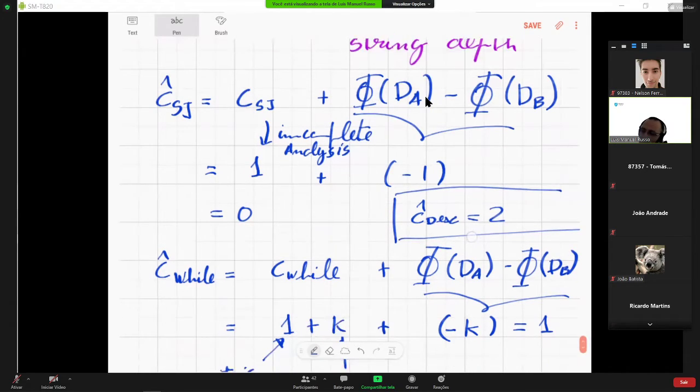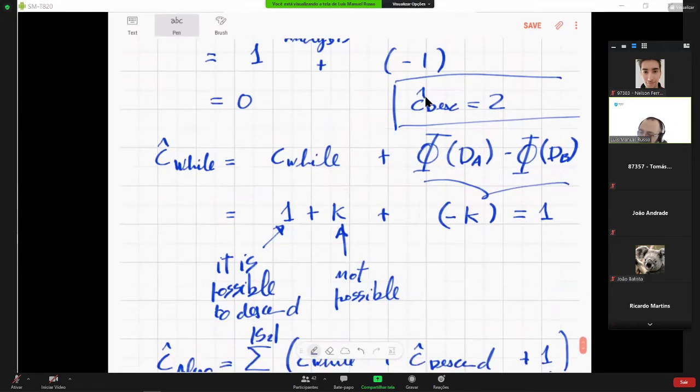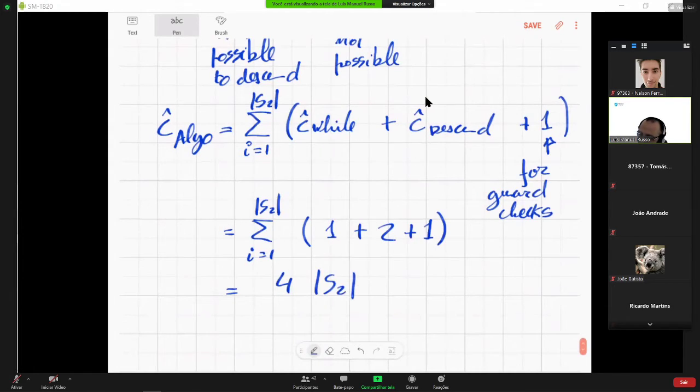So basically, we took credits from the descent to pay for the suffix jumps. Okay, so here this is going to be summing up from 1 to S2. The while cycle just adds 1, the descent adds 2, and the while guard adds 1. So this is like 4 S2, which is basically linear in S2.